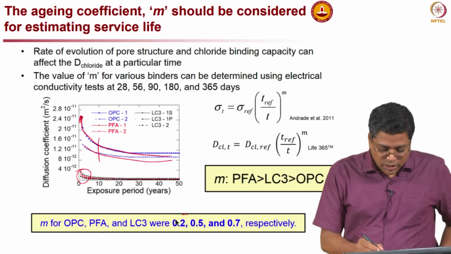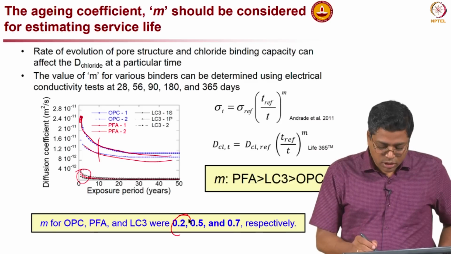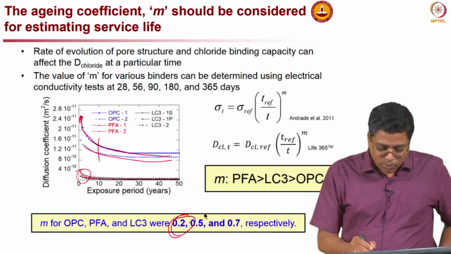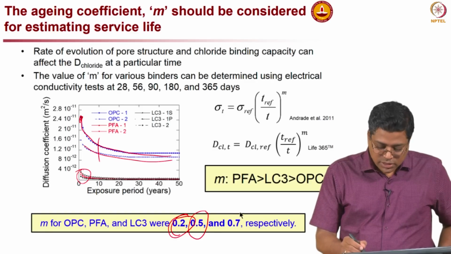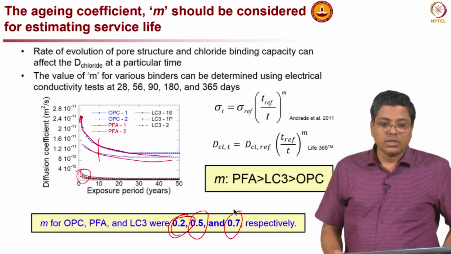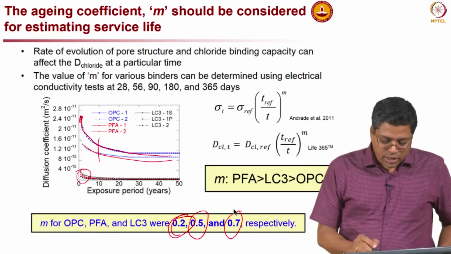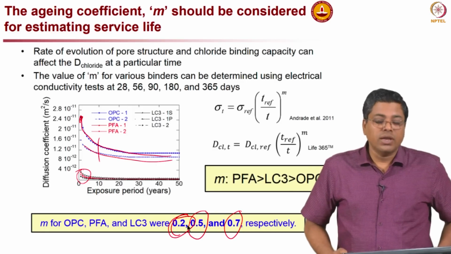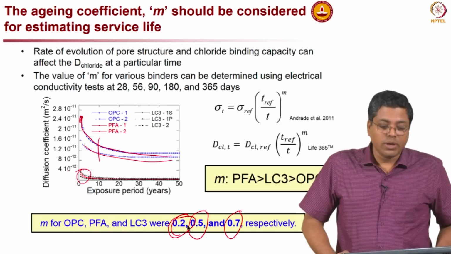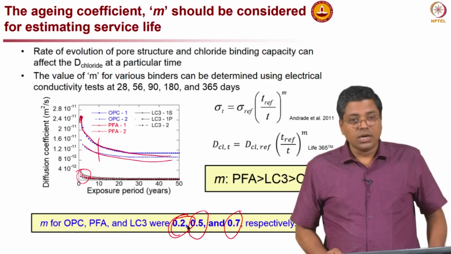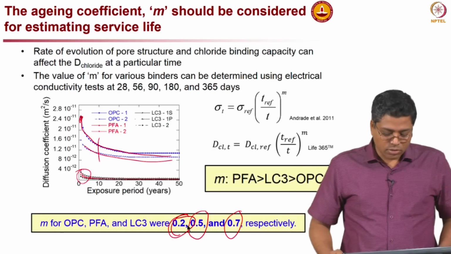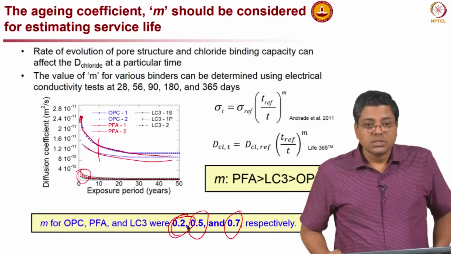For OPC you can say 0.2 would be a good number, but for fly ash based concrete it could be 0.5, and for LC3 type concrete it could be 0.7. So, these numbers are very important. M, which we call the aging coefficient, should be considered when you try to estimate service life.